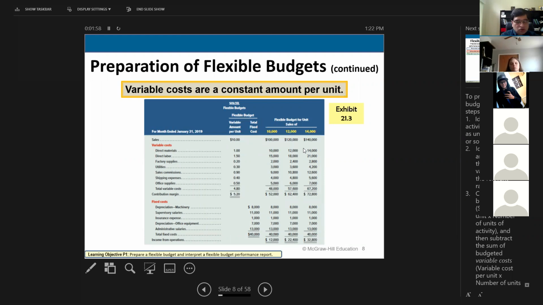We use this to do a sensitivity analysis to see what is going to happen if our sales are over the budget or below the budget. If you look at the fixed cost, these remain the same across the board. The variable cost per unit is changing. So this is a flexible budget for different levels of sales activity.